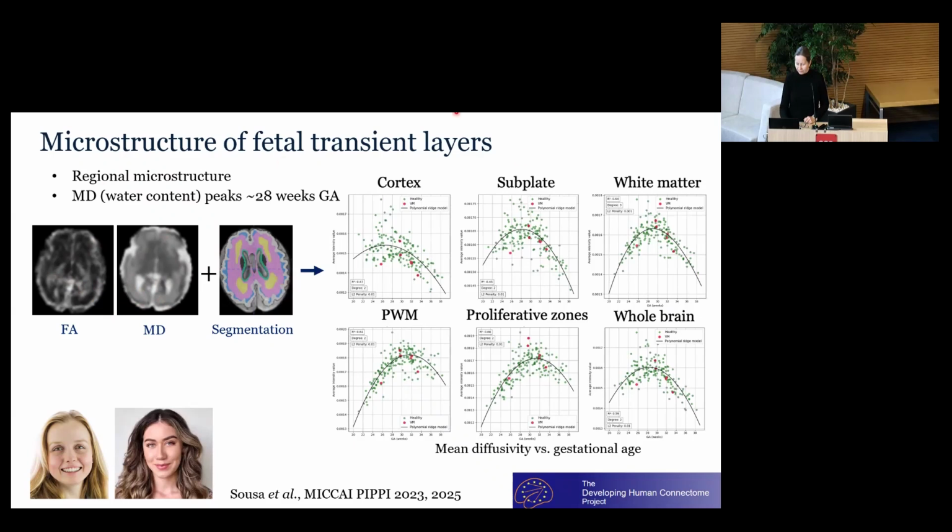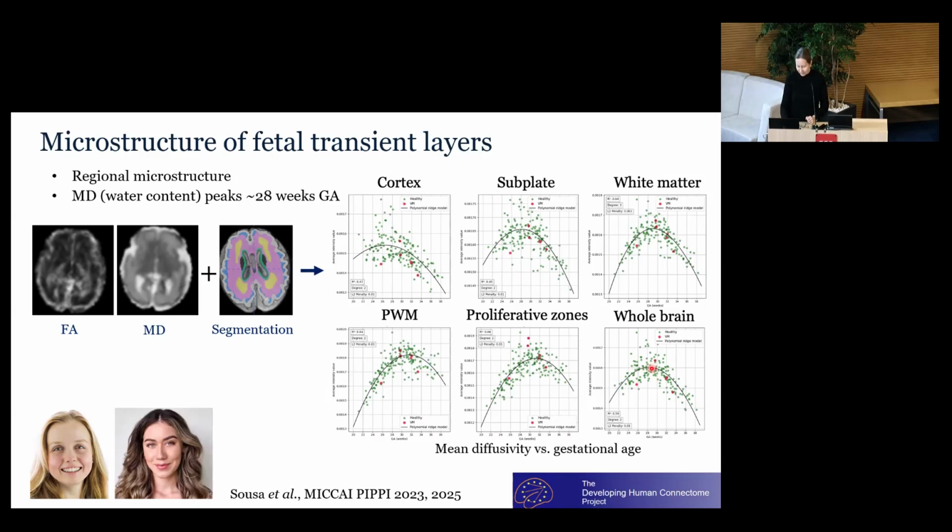What I found really interesting is that we see mean diffusivity in general going up and then going down again, and it peaks around 28 weeks in general. Of course, mean diffusivity is like a surrogate for water content. So it seems like the water content in the brain is increasing and then it starts decreasing as it matures.